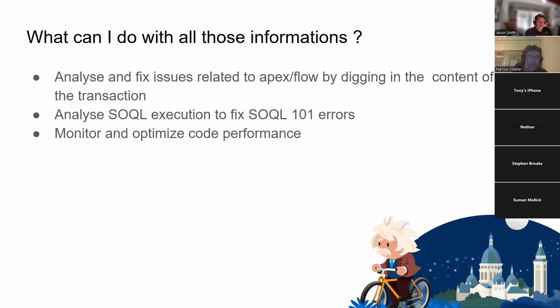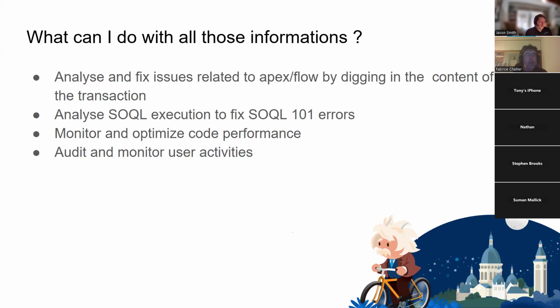You can use them to monitor and optimize code performance. If you have no event monitoring or things like this, the logs can really help you understand where you have bad performance. And by reading the log, you should be able to understand what could be improved inside the code.